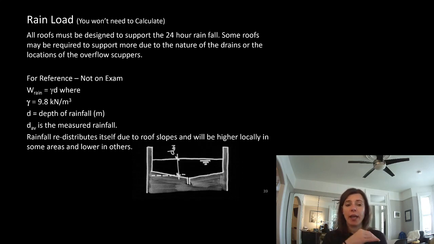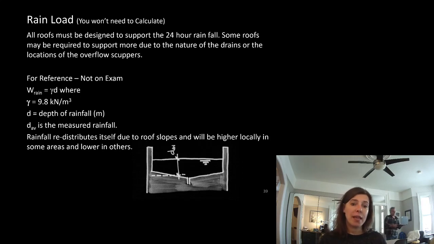So the rain load is not SR. This is a separate thing that you are not going to have to calculate. See, I've said it right here. You won't need to calculate this. All roofs must be designed to support the 24-hour rainfall. Some roofs may be required to support more due to the nature of the drains or the locations of the overflow scuppers.